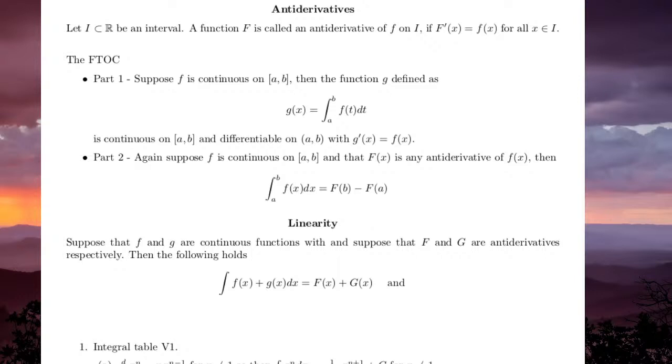But really what this tells us is that if we need to calculate definite integrals, assuming we have a continuous function, or at least piecewise continuous, we'll get more into that later, the way to do it is to just find an antiderivative, and then we just have to evaluate. That's what this says: if you want to find the area under this curve f of x between a and b, then you need to use the antiderivative. And any antiderivative will work.